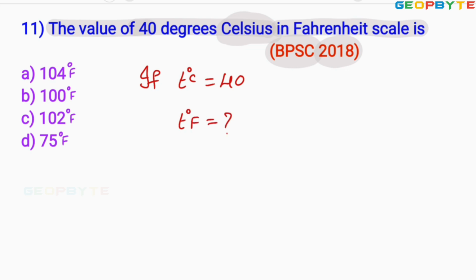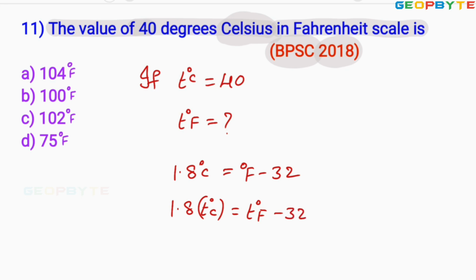For that, the relation between degree centigrade and degree Fahrenheit is 1.8 times the temperature in degree centigrade equal to degree Fahrenheit minus 32. It means 1.8 times the temperature in degree centigrade is equal to thermometer reading in degree Fahrenheit minus 32.